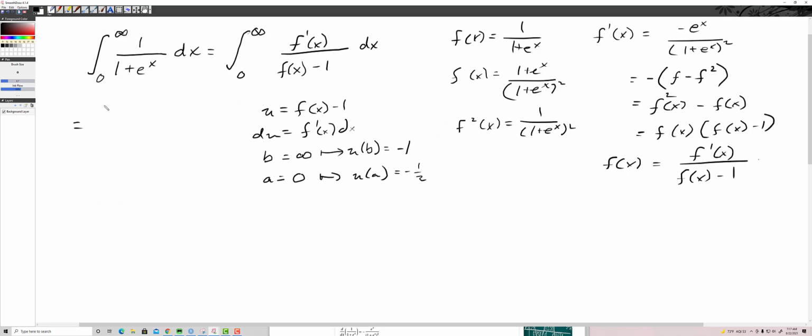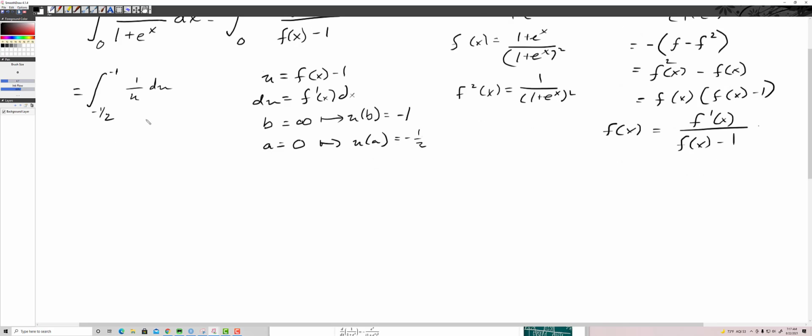So, here we have this weird integral. Minus 1 to minus a half of 1 over u. Well, how do we get this? Because we're going to have logarithms that look like this. That's not cool, right? So what do we do?